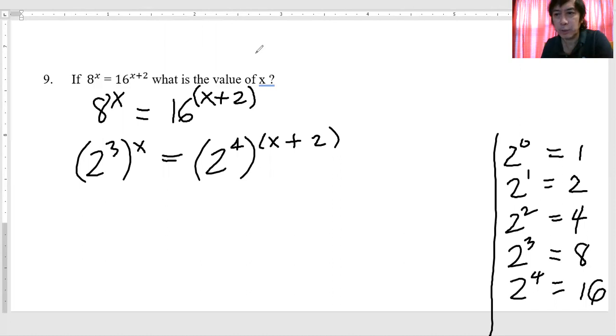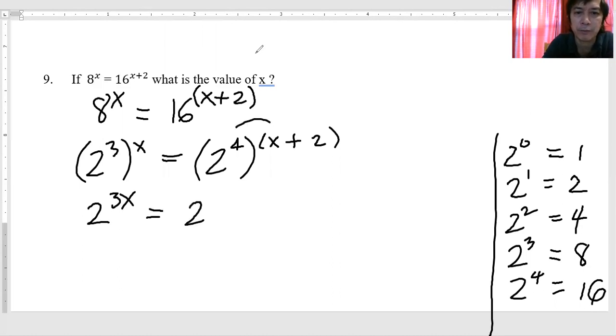Now, under the law of exponents, you can multiply the expressions at the exponent part. So the 3 and the x, that's 2 raised to 3x. And in here, you have to multiply the 4, distributing it to the terms of the binomial. So this is 4x plus 8.